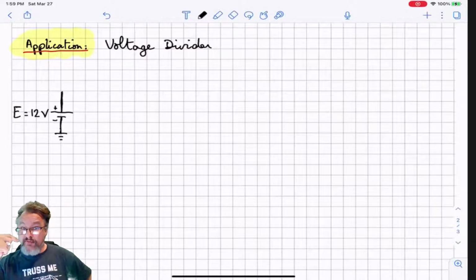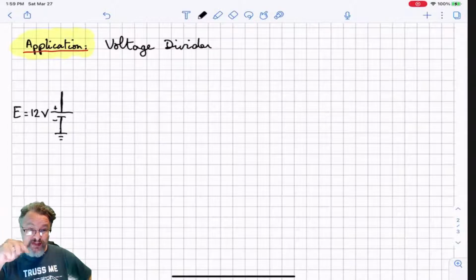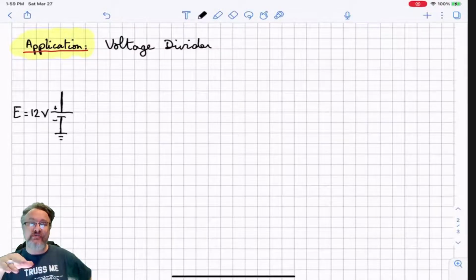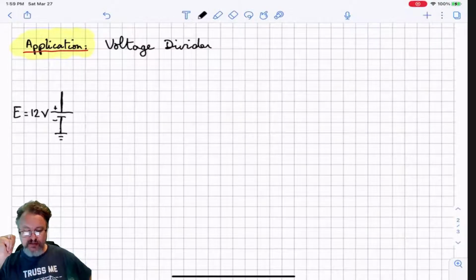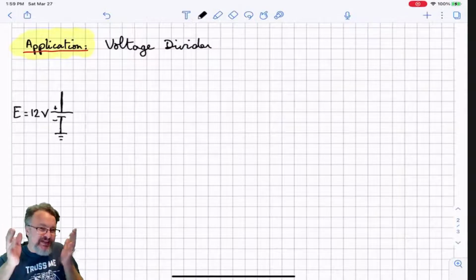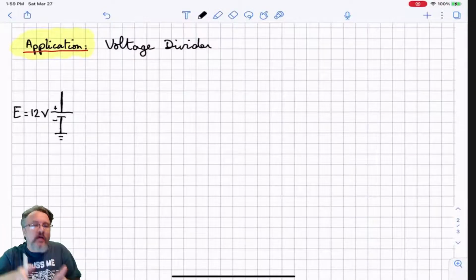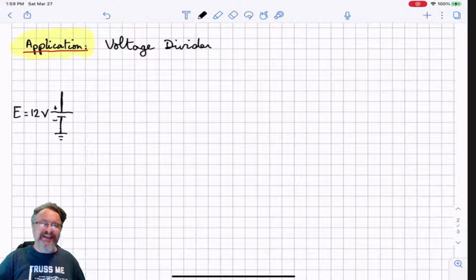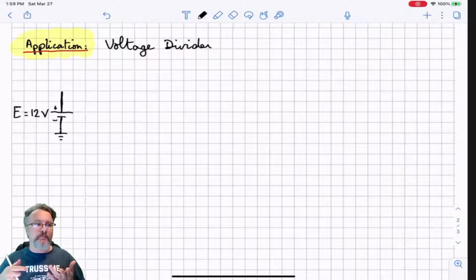They use different voltage levels than 12 volts. If you put 12 volts into a CMOS integrated circuit, it's going to destroy it, and the same for a TTL circuit.